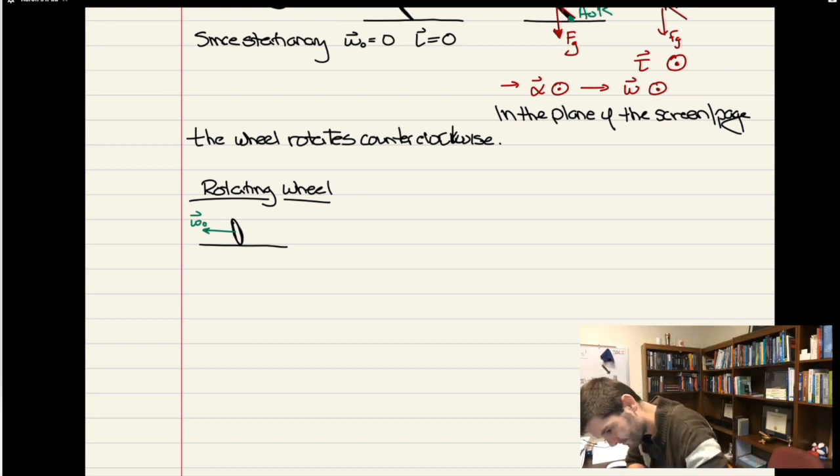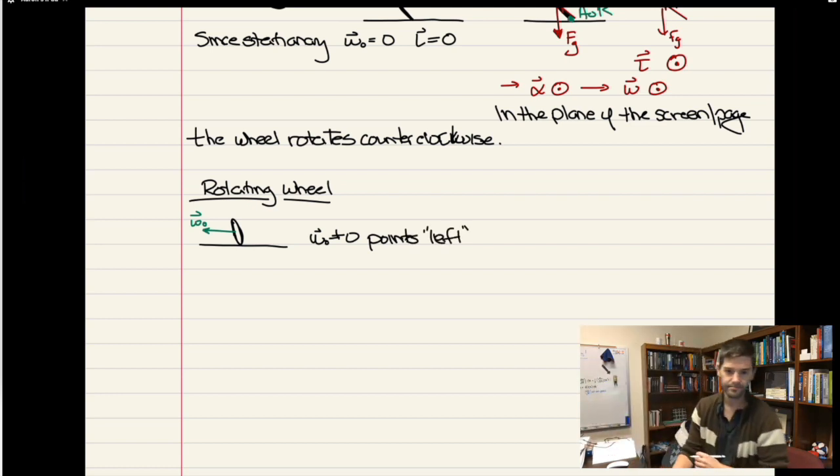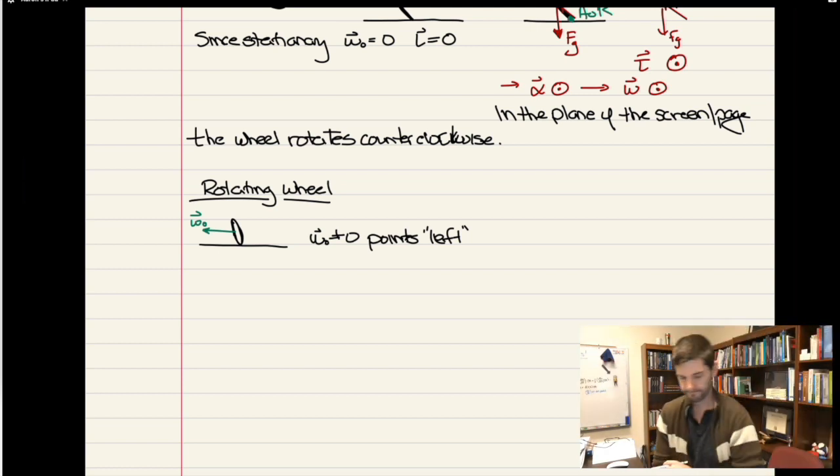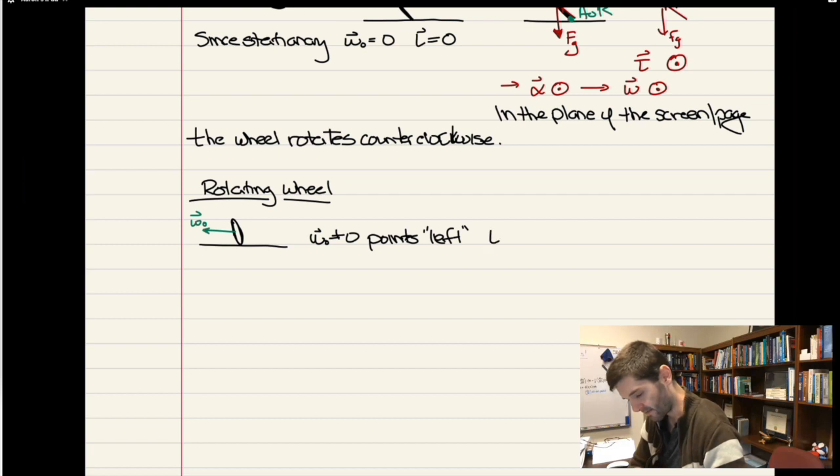The initial angular velocity is non-zero and points, I'll just say left, given how I've drawn this. And so therefore the angular momentum also points left on the screen, on the page.